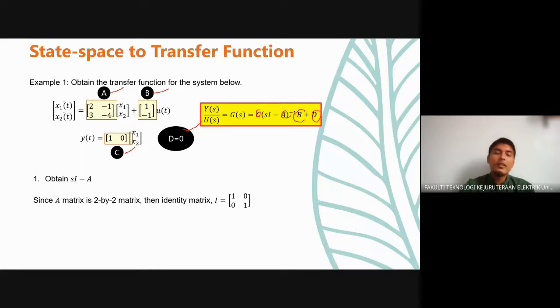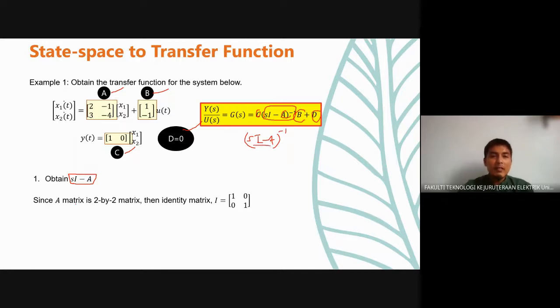Okay, so firstly, this is the step you must follow. You need to find sI minus A first, because you can see (sI minus A) inverse. So in order to obtain (sI minus A) inverse, you need to find sI minus A first. What is sI minus A?